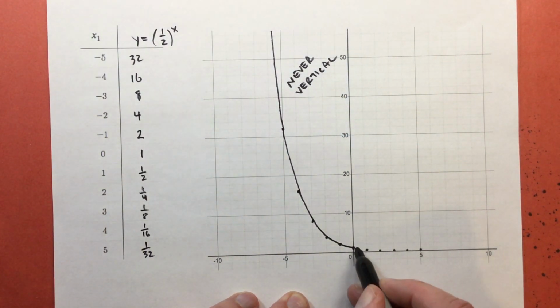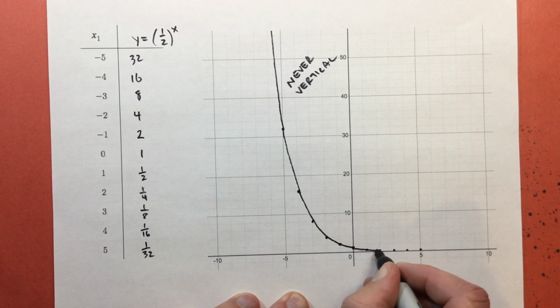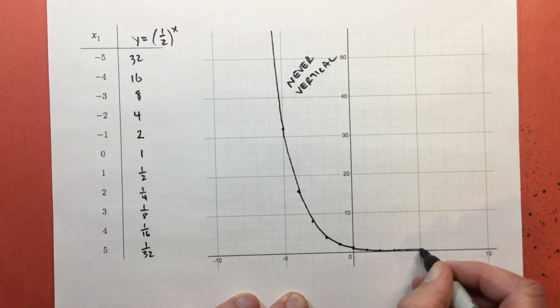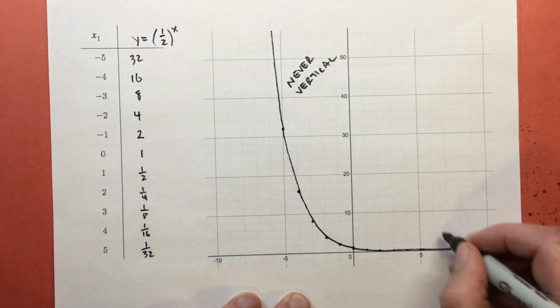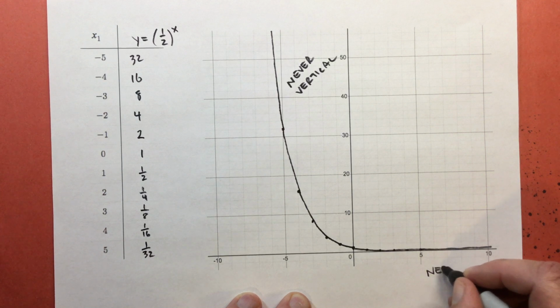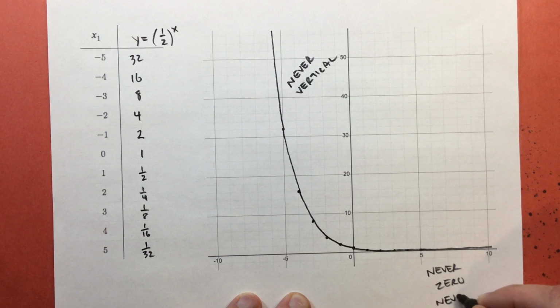And on the other side, I'll try to draw it a little accurately. It looks like I'm touching, but I'm not. It never equals 0, which is another way of saying it never touches or crosses the x-axis.